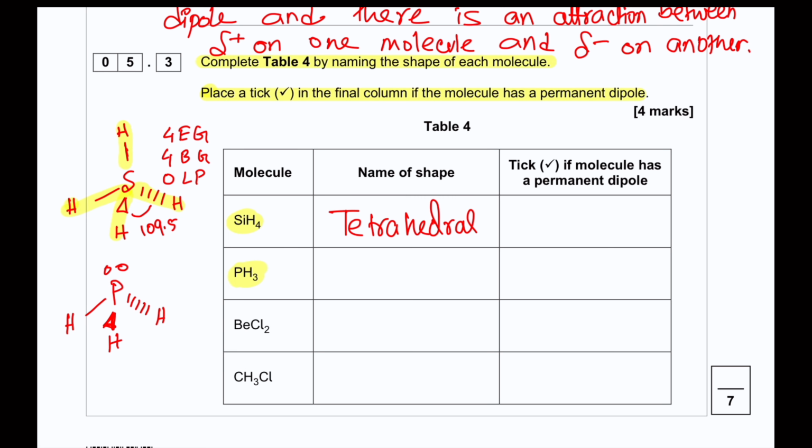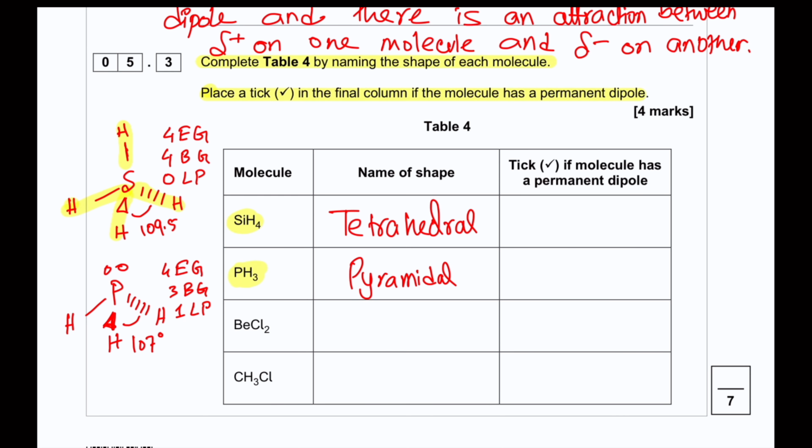So as you can see, there are 4 electron groups. Out of that, 3 are bonding groups and 1 is a lone pair. Now, a lone pair decreases the bond angle by 2.5, so the bond angle will be 107. So for PH3, the shape of the molecule will be pyramidal.